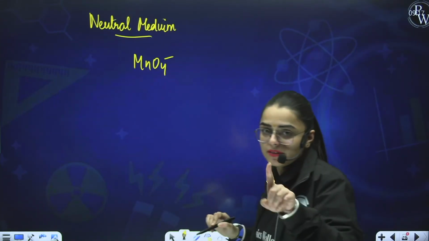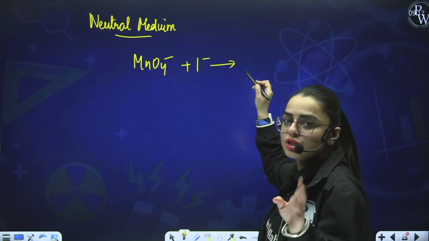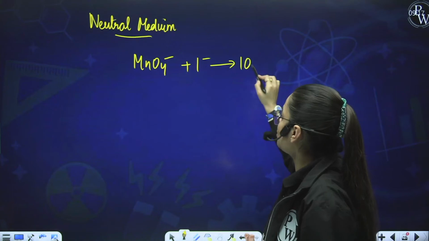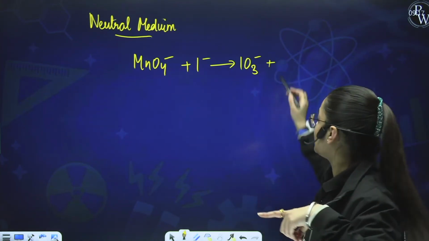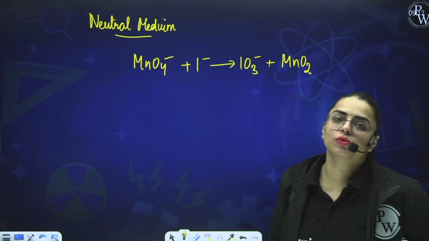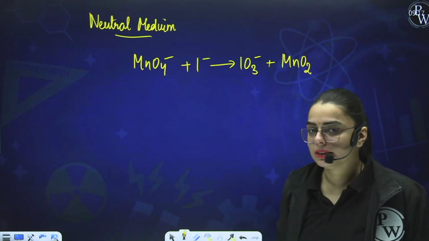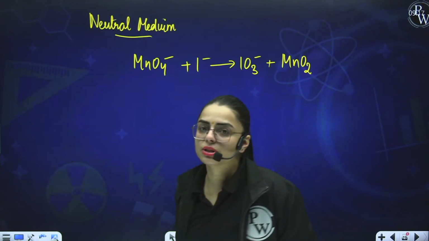So if it reacts with I negative, first of all it will convert into IO3 negative. Now Mn converts into plus 4 oxidation state, and it will form MnO2 over here. This is the reaction that occurs in neutral medium that you should know.